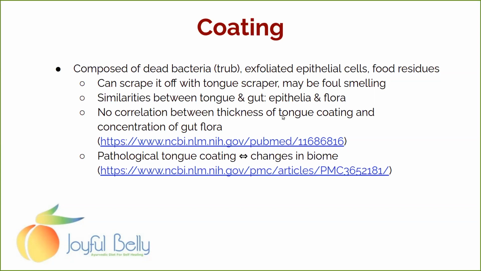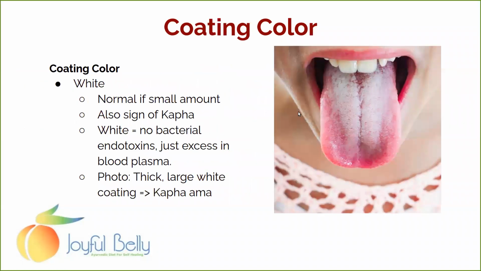Anyway, when you make wine at home, what you see is all the yeast forms a kind of trub at the bottom of the bottle, and it may be this layer of dead yeast that's like 2 inches thick, and that's basically what your tongue coating is. It is the bacteria that are dead.